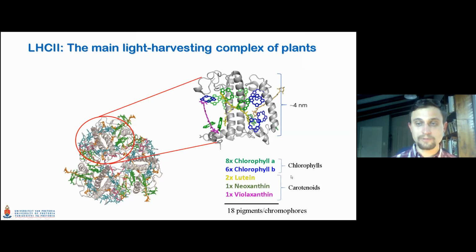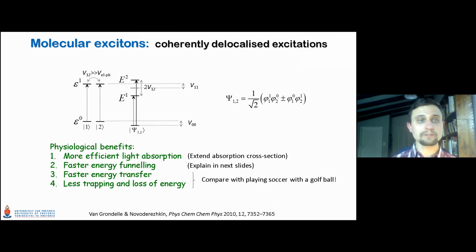There are 2 types of chromophores, the chlorophylls and the carotenoids: 14 chlorophylls, 4 carotenoids in a space of about 4 by 4 nanometers. This is really extremely dense. And the consequence of this high concentration is that quantum states are formed. These quantum states are called molecular excitons, which give rise to coherently delocalized excitations.